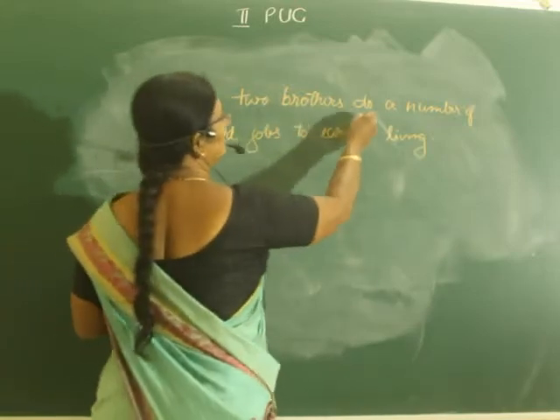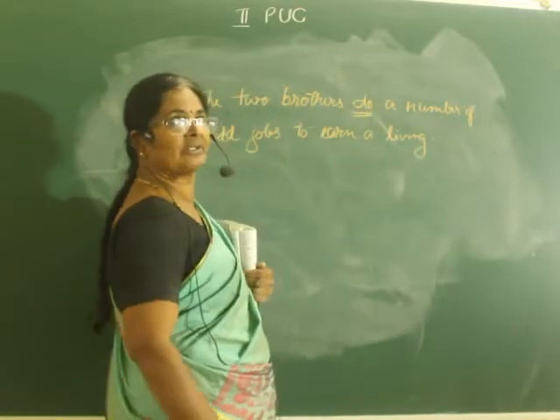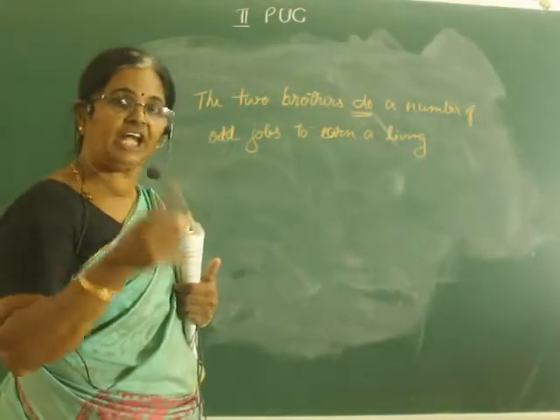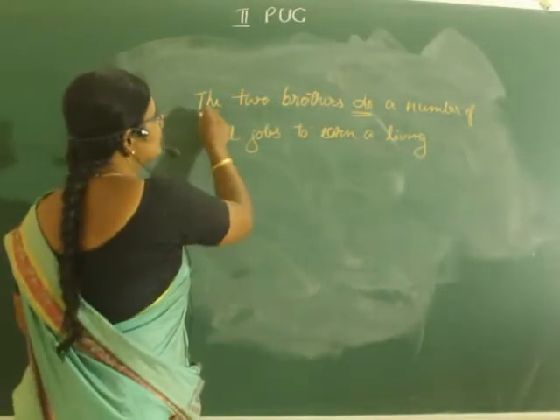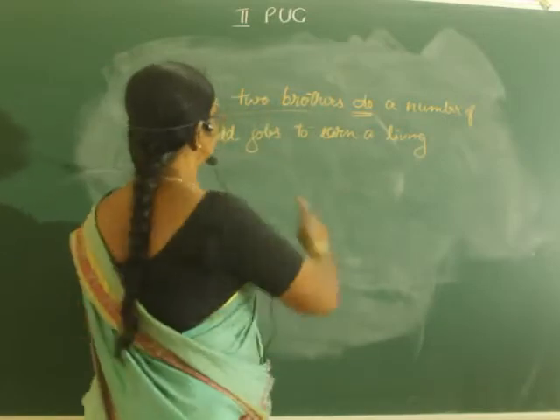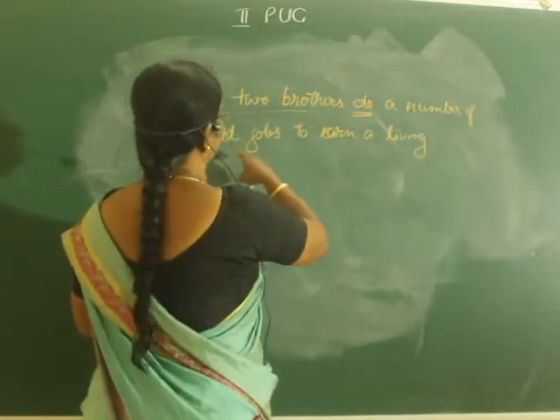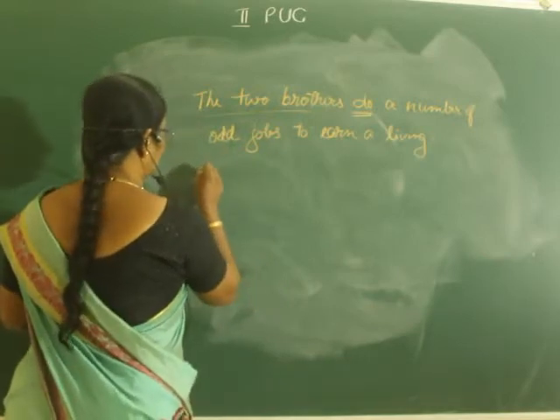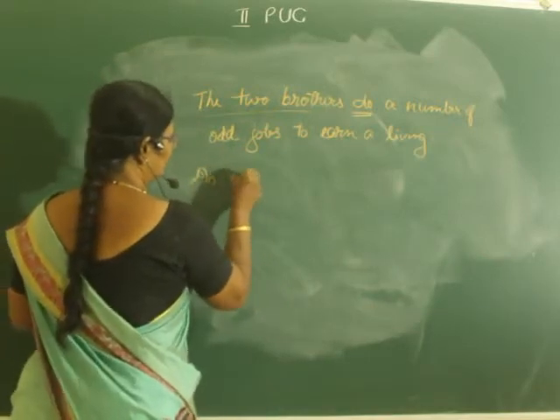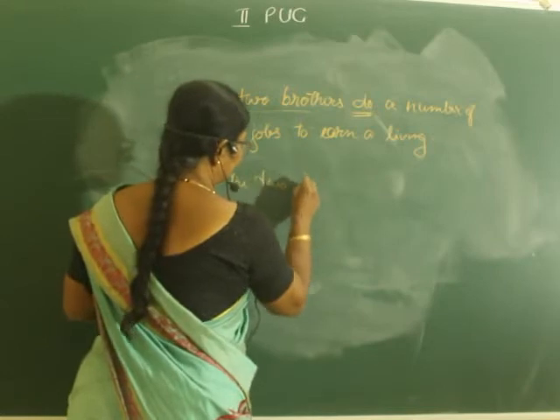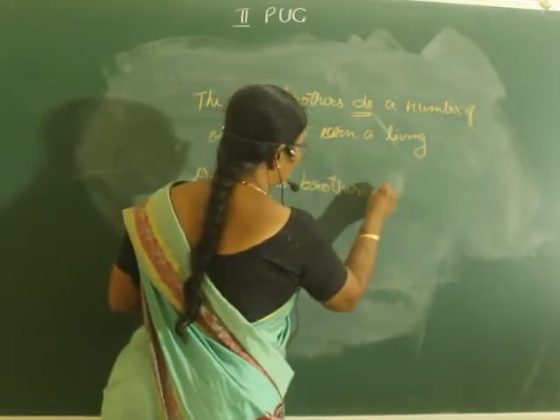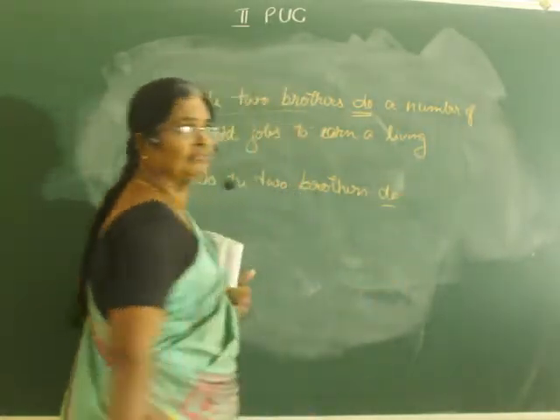Here, this is a verb. No helping verb is there. So I had to write a helping verb, as this is plural and this sentence is in present tense. I had to write "do". Do the two brothers do. This is a verb.